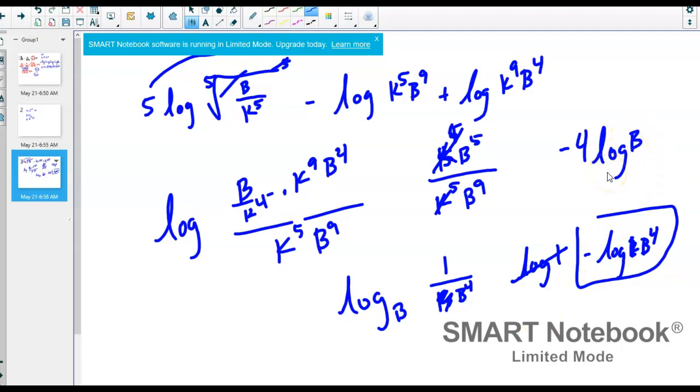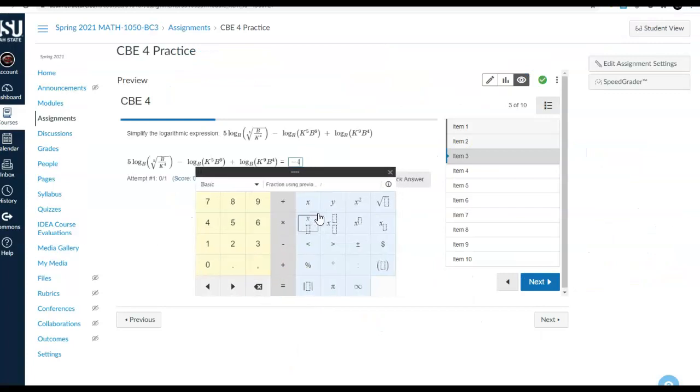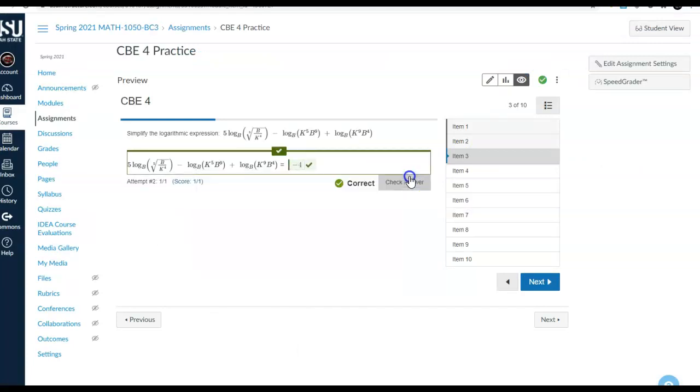So, sorry, we can simplify. I forgot our log base. So if you have the same, this is B here, of B, that's just 1. So this is just 1 times negative 4, essentially. So my answer is just negative 4. So I just needed to simplify this just a little bit more is all I needed to do. So hopefully that makes sense. Sorry about that little bit of confusion.